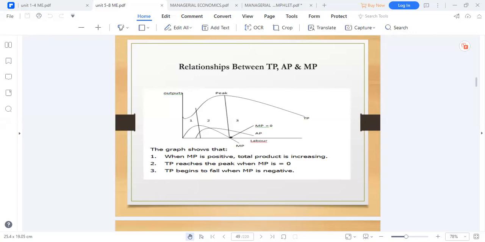So let me explain them again. For these stages, you need to understand them very well. This is where the law of diminishing returns is manifested. So if you don't understand what is happening in the 3 stages, then you may be left behind.